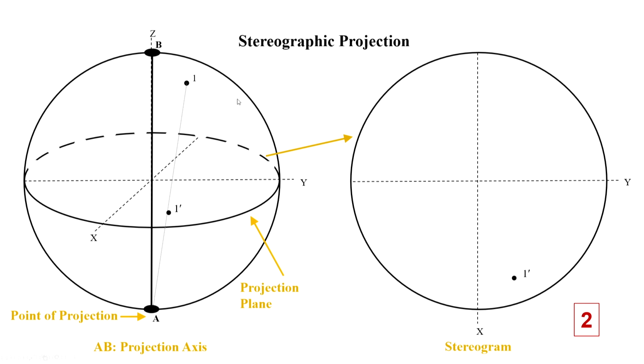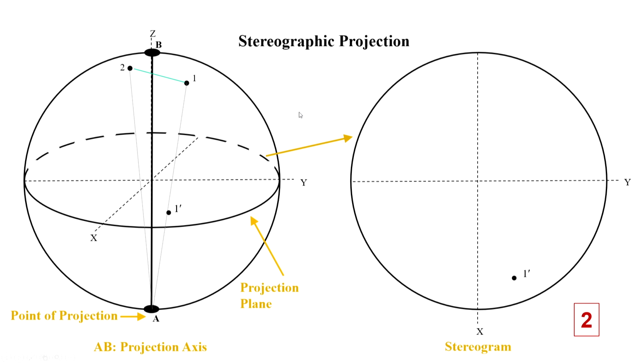The rotation axis will rotate this pole 1 through an angle of 180 degrees, and we will replicate another point, another pole on the surface of the sphere, which I label as point 2 or pole 2. Now, we do the same thing as we did with pole 1, project this pole 2 or point 2 onto the projection plane using the point of projection A.